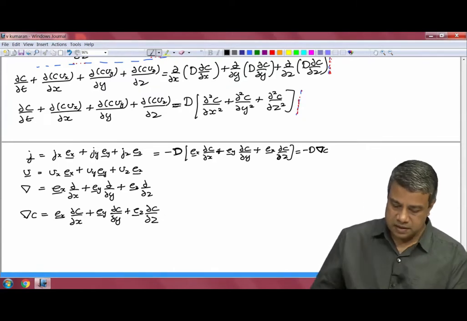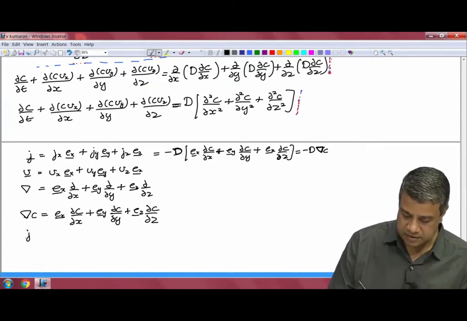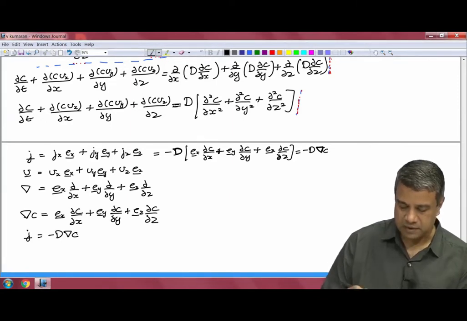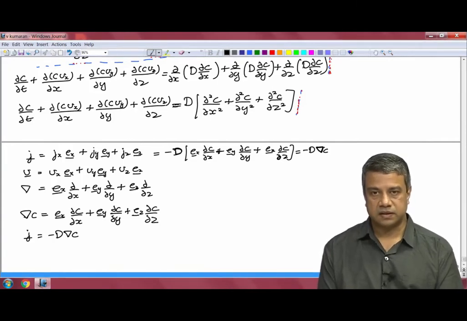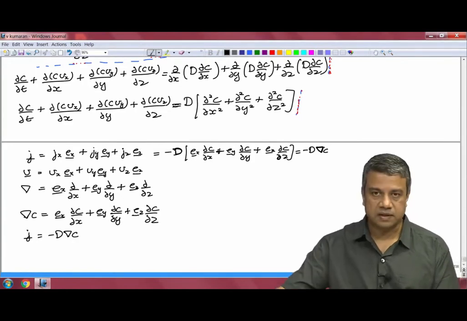So, now this constitutive relationship, J is equal to minus D times the gradient of the concentration, is the relation between two vectors. It is independent of the coordinate system that is used.